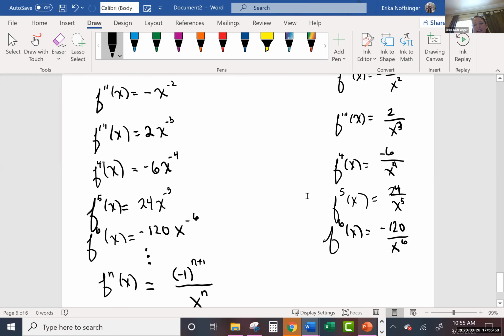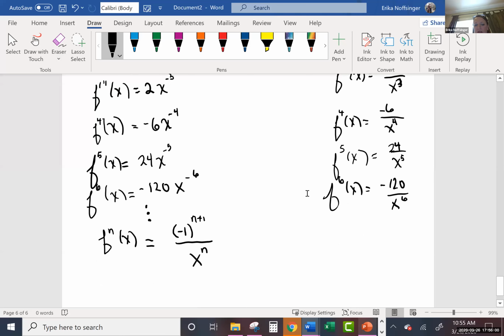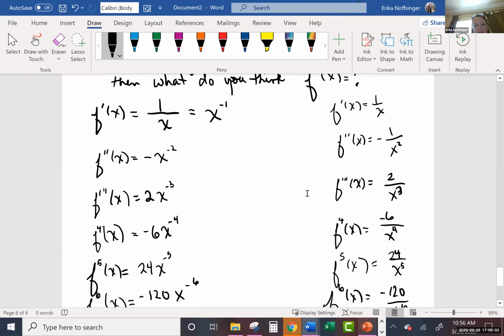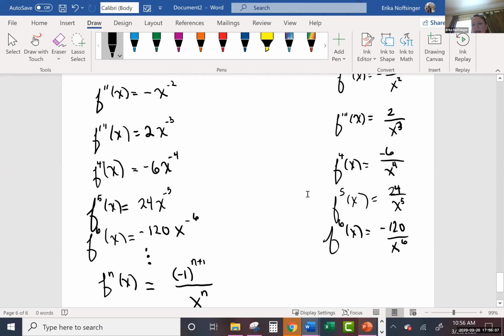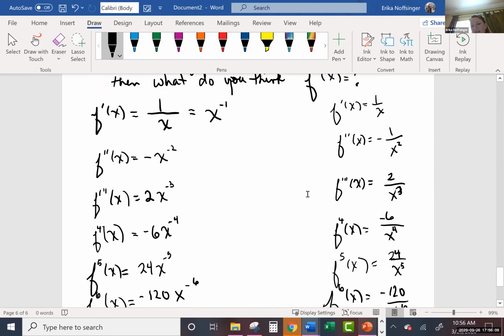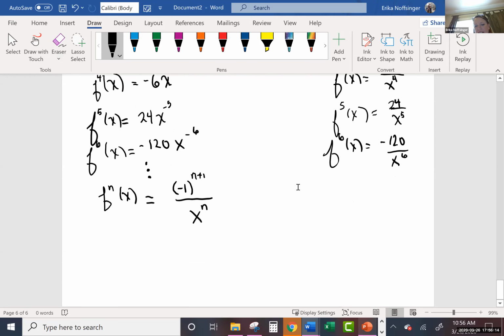I was just thinking, I don't remember ever, besides my Math 10 class and statistics that I'm teaching this semester, do you guys notice this is actually factorial? Basically, n factorial means you're multiplying the numbers up until you hit n.